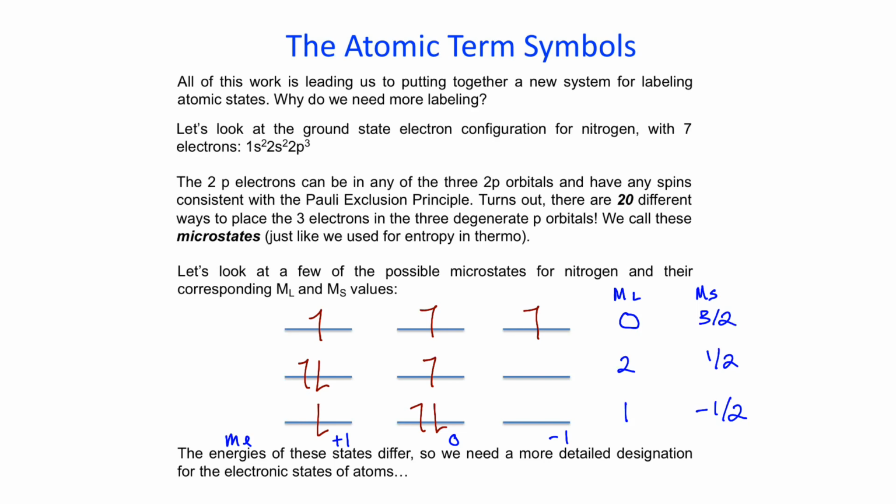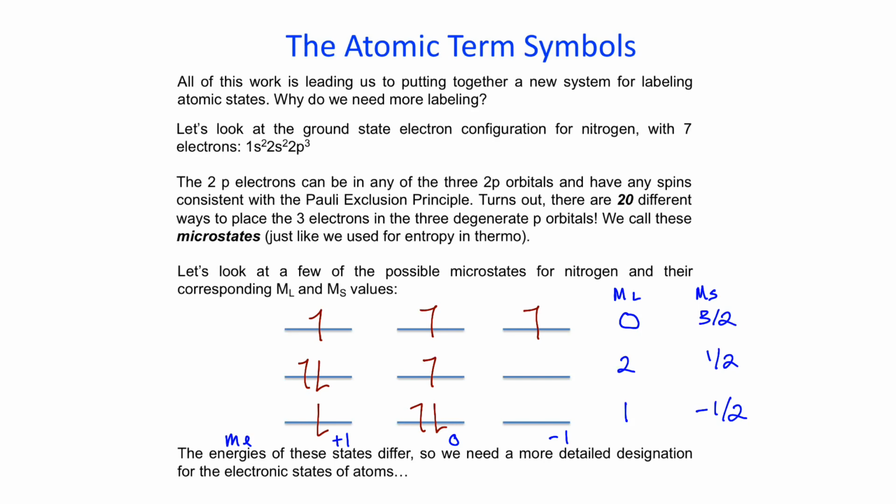So hopefully you can start to see that the corresponding M sub L and M sub S values that result from these different arrangements of electrons in these orbitals are different. So these are going to lead us to some potentially different total energies that are represented by those microstates.